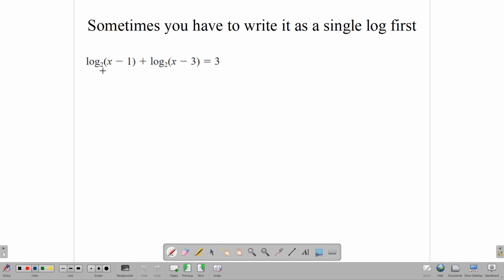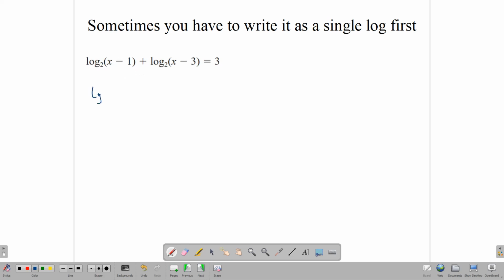Here we have log to the base 2 of x minus 1 plus log to the base 2 of x minus 3 is equal to 3. There's no log written over this side, so let's first try rewriting this part as a single log. It's a sum, which means it came from a product.